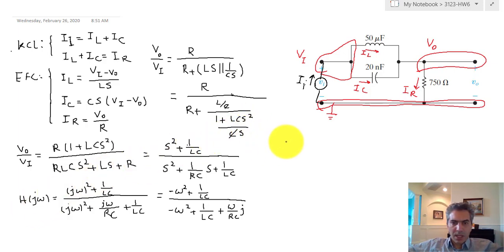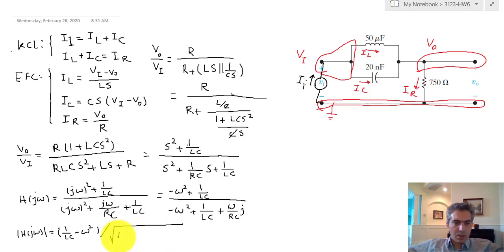So the magnitude of H(jω) is the magnitude of the numerator, which is simply 1 over LC minus ω², over the magnitude of the denominator, which is the square root of the real part squared plus the imaginary part squared.